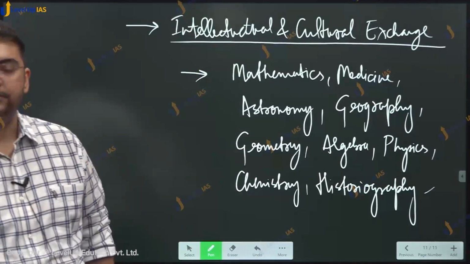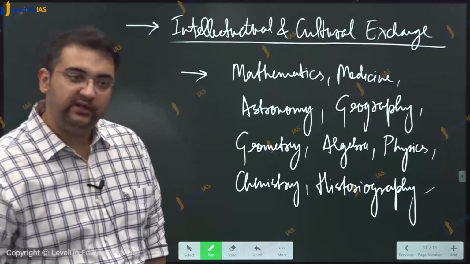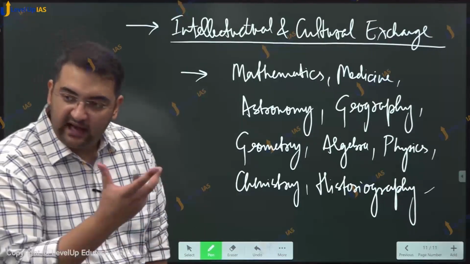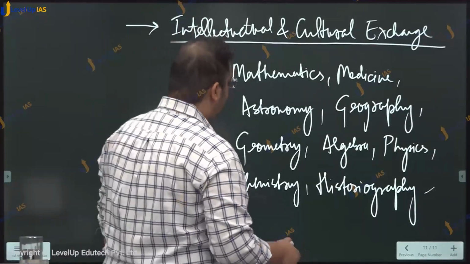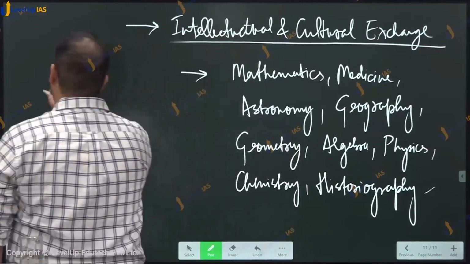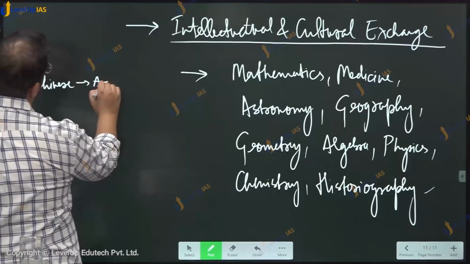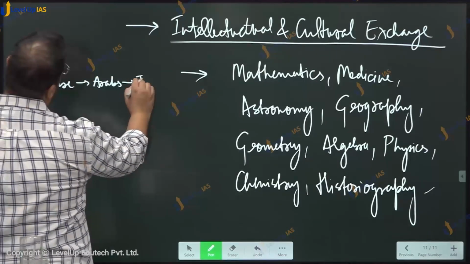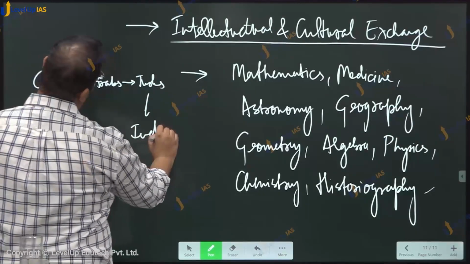कई सारे technological innovations चाइना में हो रहे थे, for example, and the Arabs brought it to the rest of the world. The other groups brought it to India. तो generally हमें एक chain देखने के लिए मिलता है, Chinese to Arabs to Turks who brought it to India.